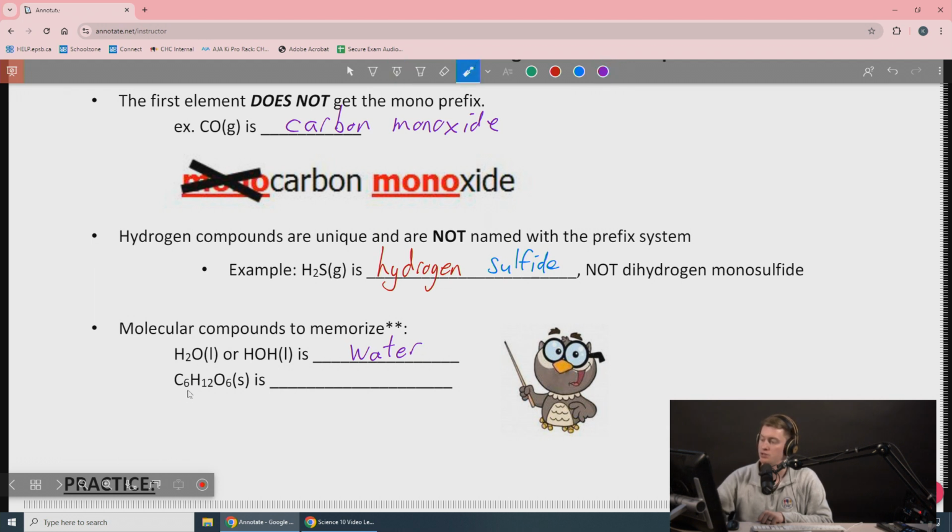This compound you could name with the prefix system, but we don't call it hexacarbon dodecahydrogen hexoxide. Instead, this is called glucose. This will come back again in the biology unit. This is the main product in photosynthesis, and it's a sugar molecule.